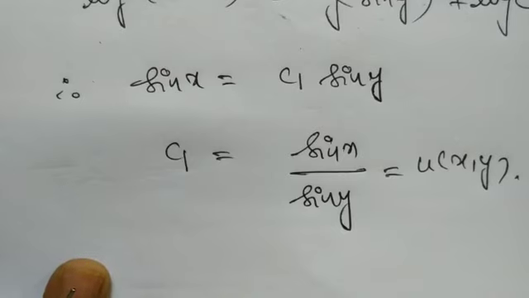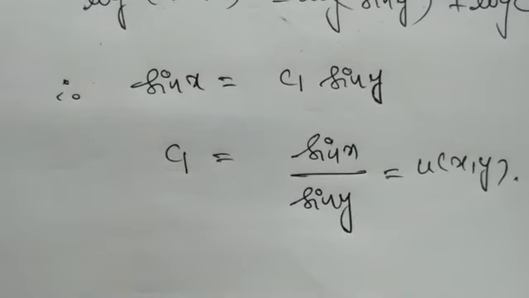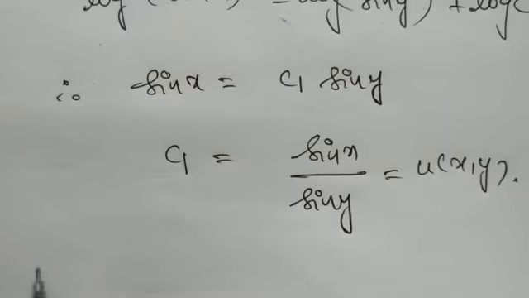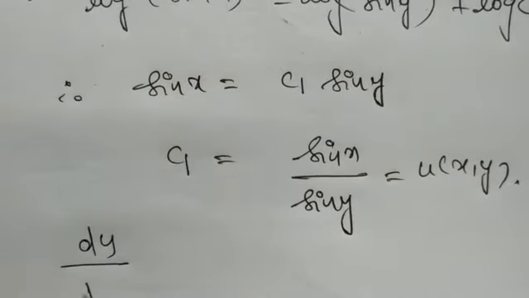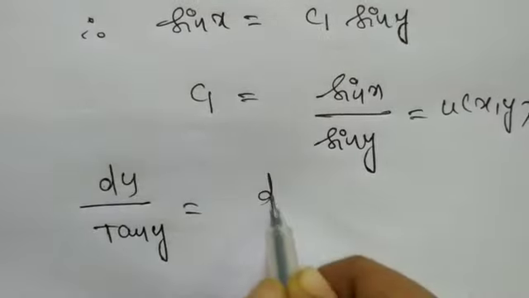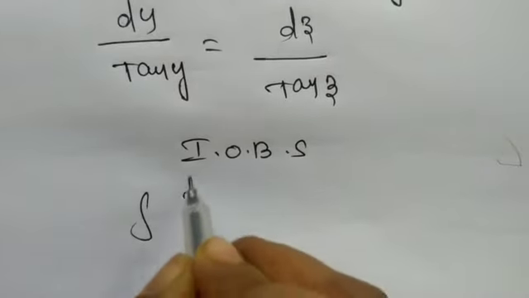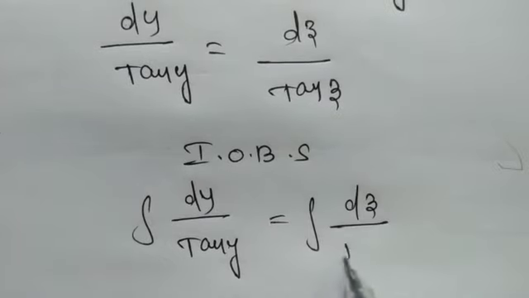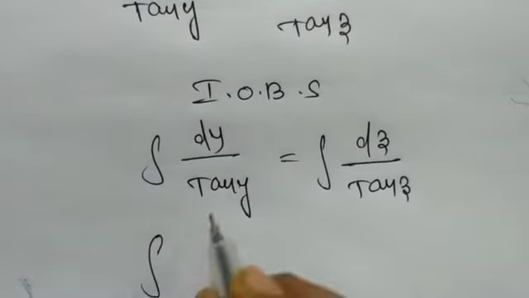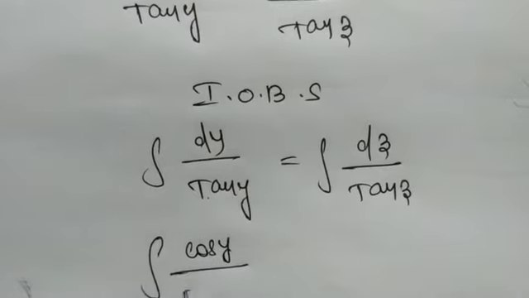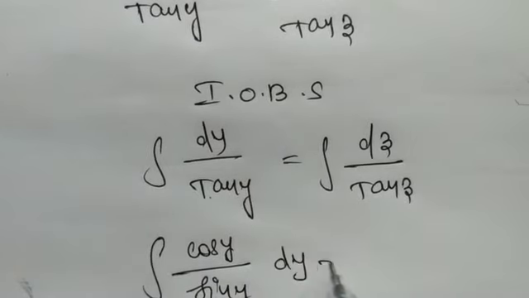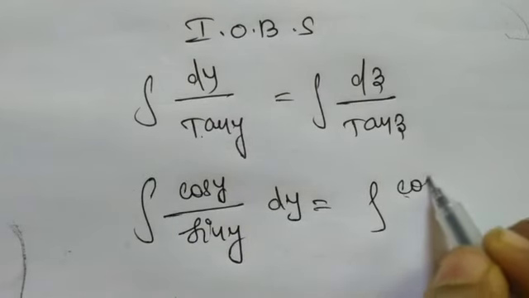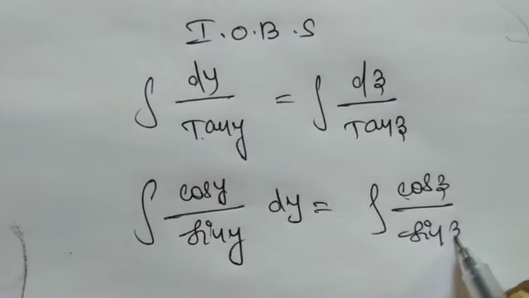Next, by taking the last two equations of the subsidiary equation, dy by tan y equal to dz by tan z, integrating on both sides: integration of dy by tan y equal to integration of dz by tan z. This is also integration of cos y by sin y dy equal to integration of cos z by sin z dz.